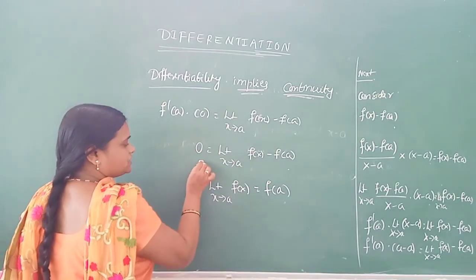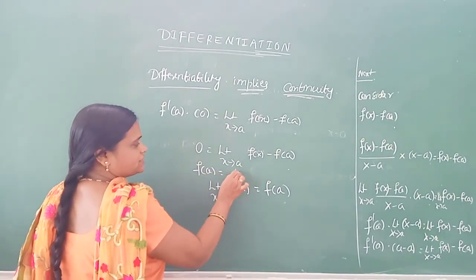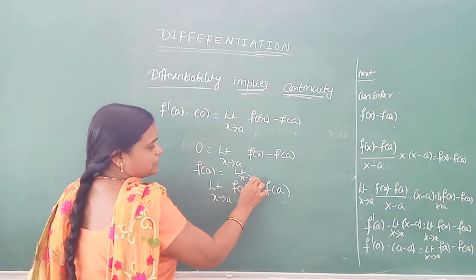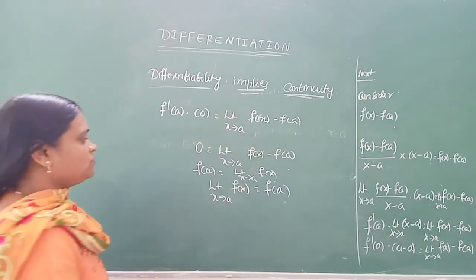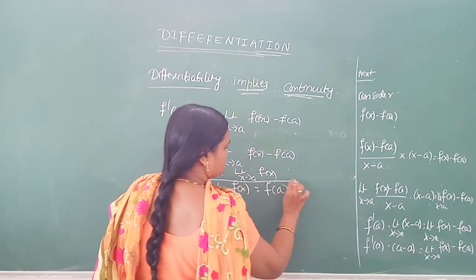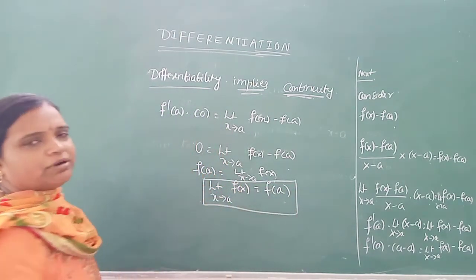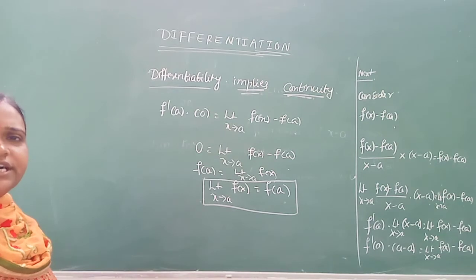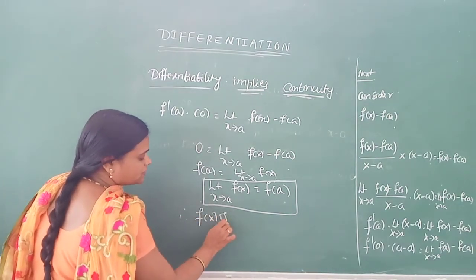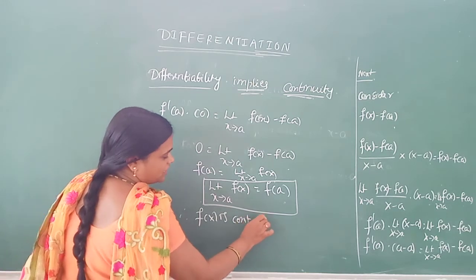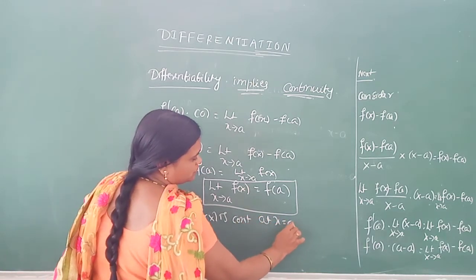Minus f of a, take this side, we get f of a is limit as x tends to a, f of x. Or rewrite this as limit x tends to a, f of x is equal to f of a. Means this is nothing but what? The definition of continuity. Therefore, f of x is continuous at x equal to a.